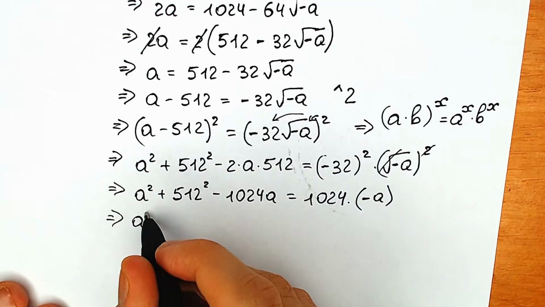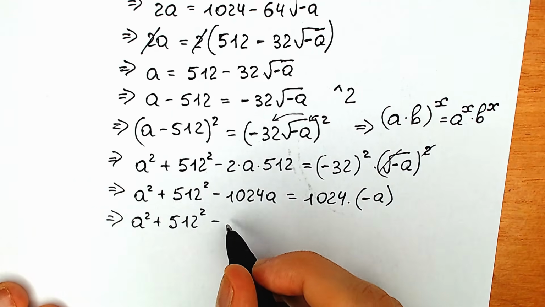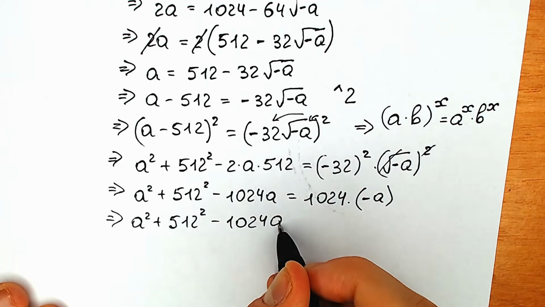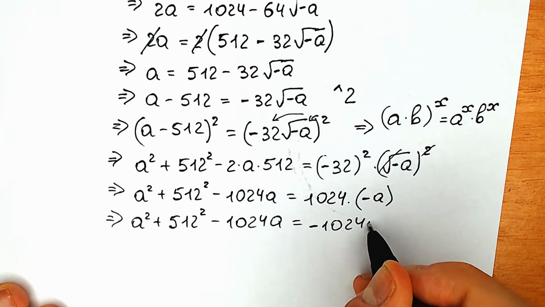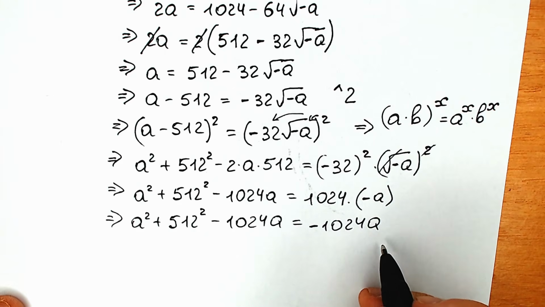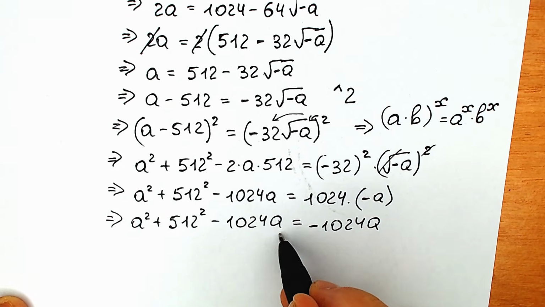As a result, we have a square plus 512 square minus 1024a equal to minus 1024a. And a really interesting moment right now, because we can easily write this minus 1024a on the left side, on the right side, with the positive sign.